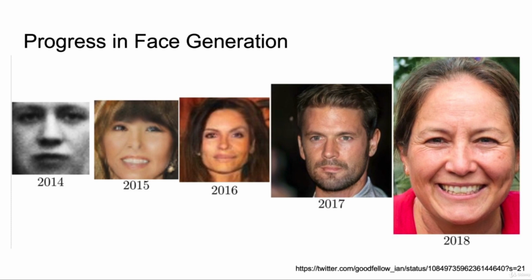The first image, which is the gray person, is a result of using standard generative adversarial networks. However, from year to year, people improved the quality of the generated images, and on the right of the slide, you can see the result of state-of-the-art generative adversarial networks, which is called progressively growing GANs and its modification. And all these we will study in our course.